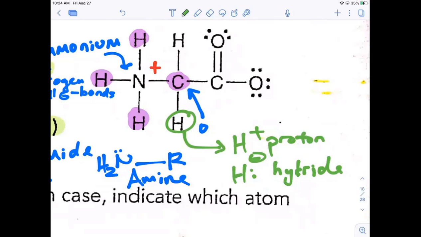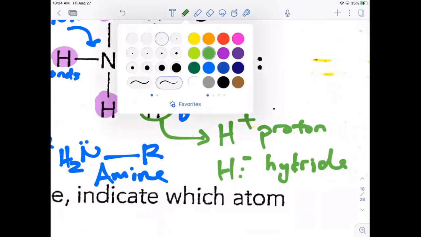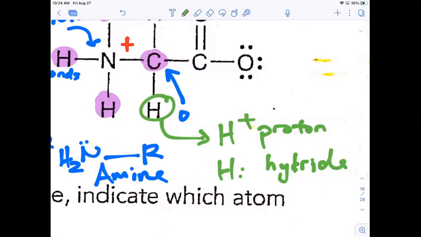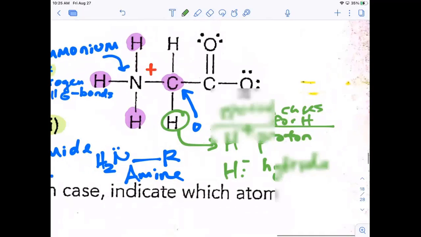So we don't worry about calculating formal charge on hydrogen unless it's one of these 2 special cases. Under normal circumstances, we don't even bother worrying about hydrogen because we know it's going to be neutral.